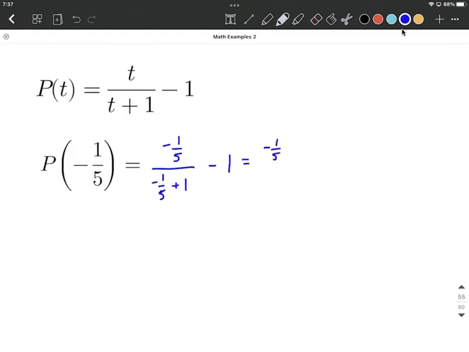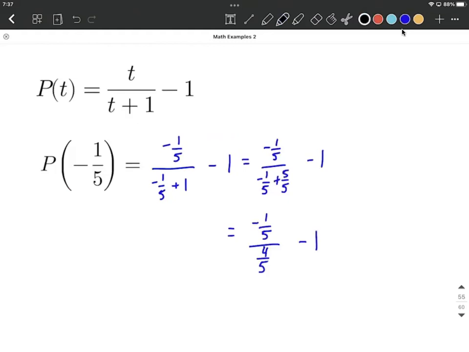So -1/5 divided by -1/5 plus 5 over 5, rewriting the 1, minus 1, off to the side. It's going to be -1/5 over, we keep the common denominator and combine our numerators. So -1 plus 5 makes 4, with that minus 1 off to the side.